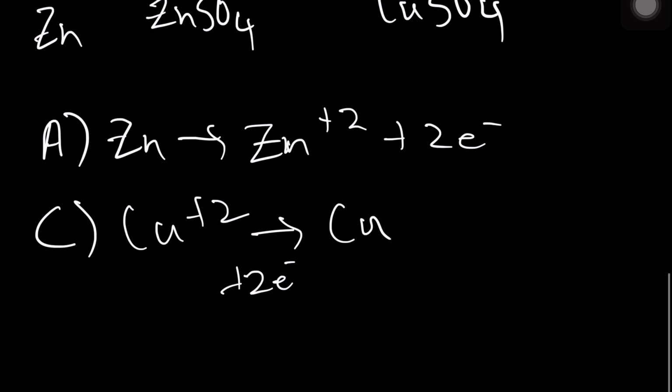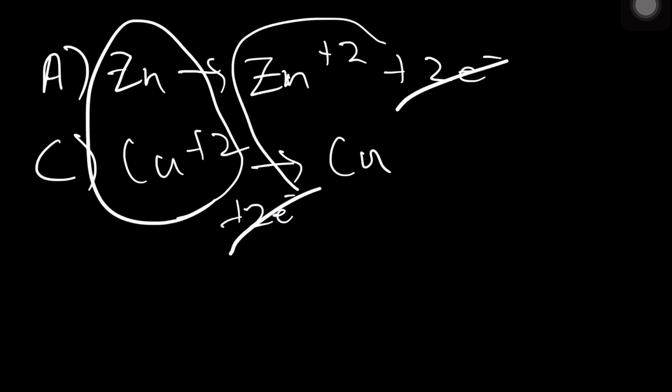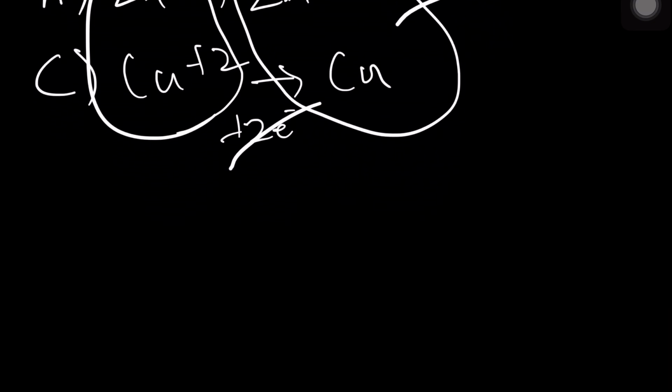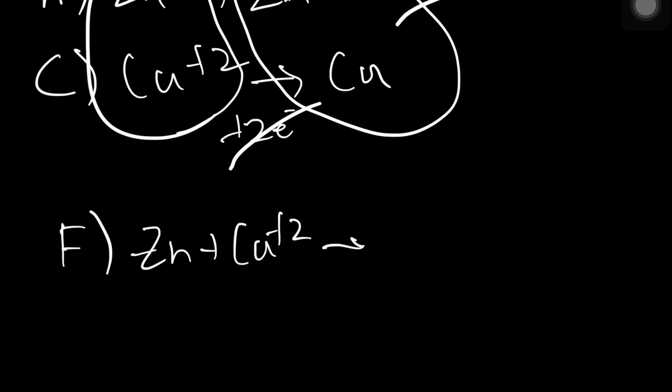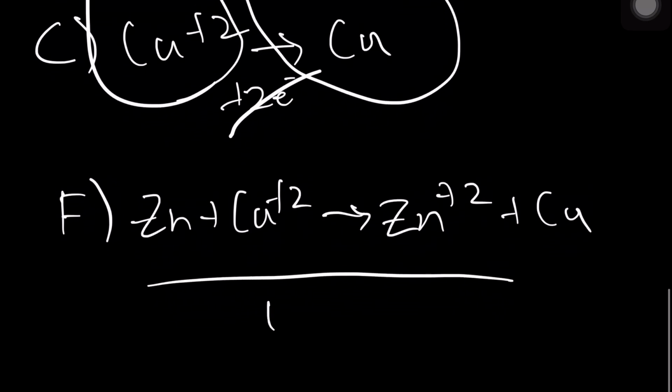If we cancel the like terms, the 2 electrons, we're left on the reactant side with zinc and copper ions, and the product side with zinc ions and copper. So the final reaction will be zinc plus a copper ion turns into a zinc ion plus copper. This releases a charge of 1.1 volts.